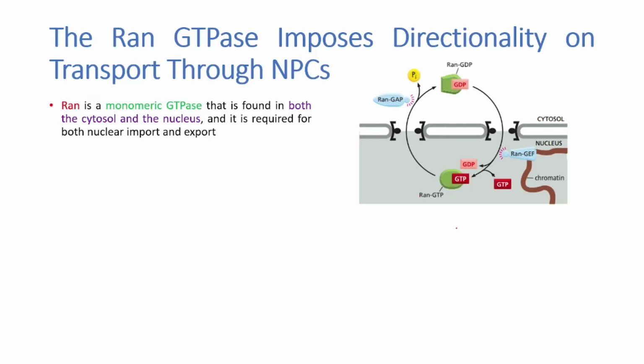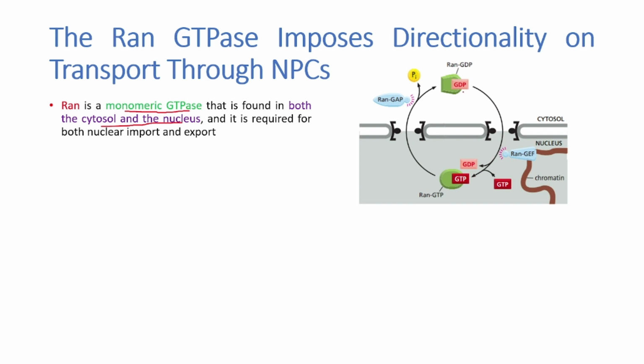Now we will see one GTPase which plays an important role in the transport of cargo proteins between the nucleus and cytosol and vice versa. Ran is a monomeric GTPase protein that is found both within the nucleus and the cytosol, and it is essentially required for the transport of molecules within and from the nucleus.